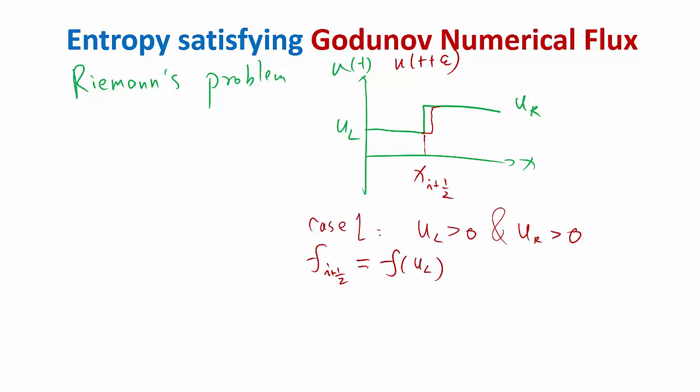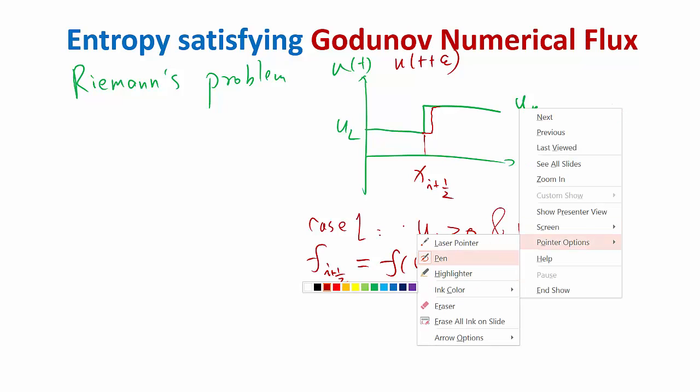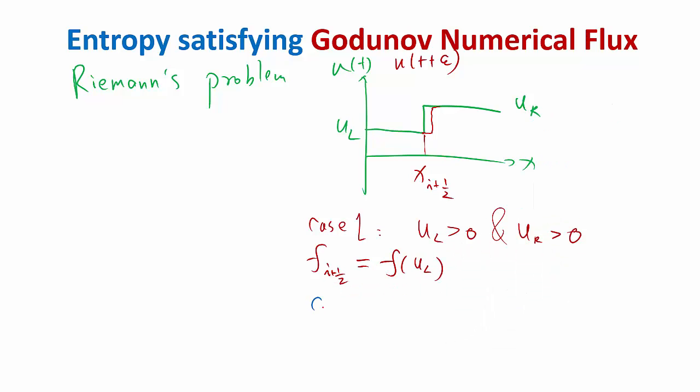Okay, so this is only one of the cases. Case 2 is when the whole solution moves towards the left. And in that case, what should be the Godunov flux? f of UR, because the whole solution is moving towards the left.